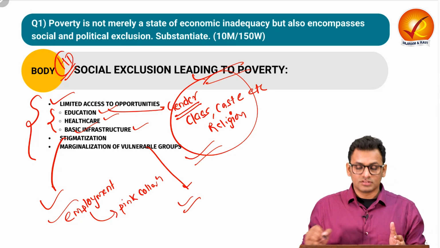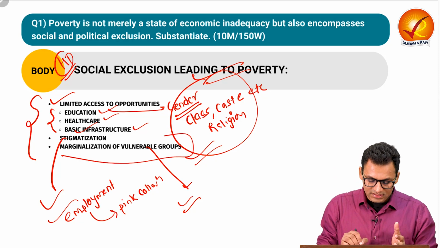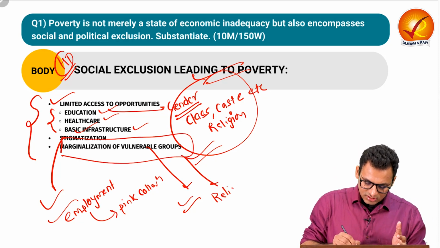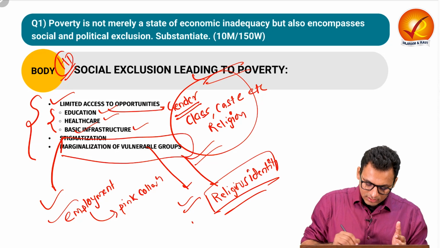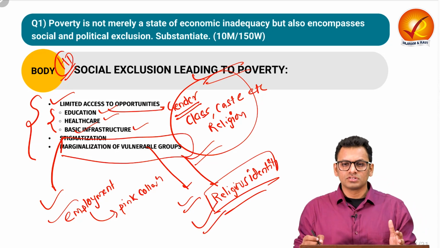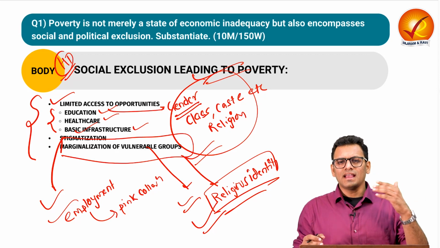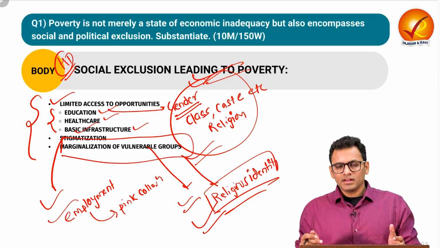Apart from that, there is also the element of marginalization of vulnerable groups. We have seen discrimination based on religious identity. This kind of social exclusion also impacts people's access to opportunity as well as having a direct impact on poverty.